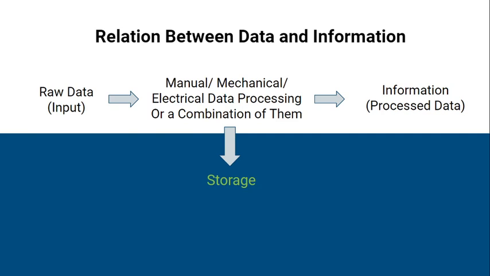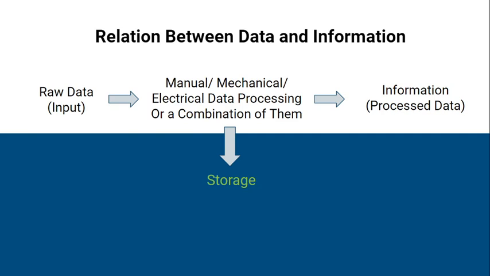So, we can say that there exists a relationship between data and information. So, what can we conclude? That without data, one cannot obtain any information.